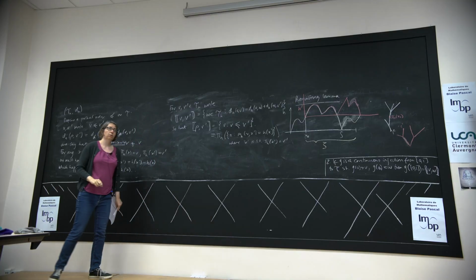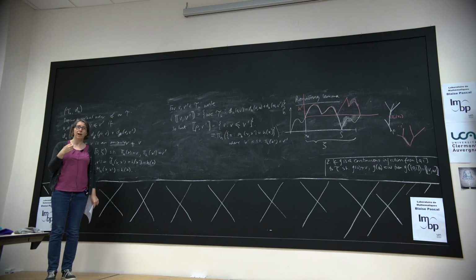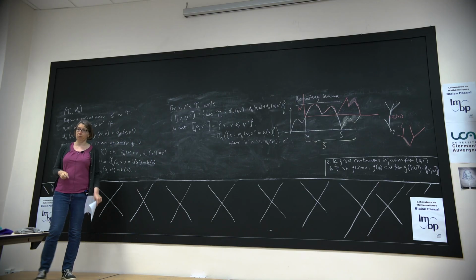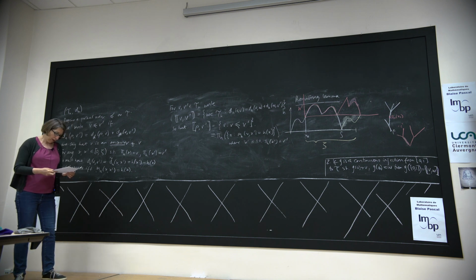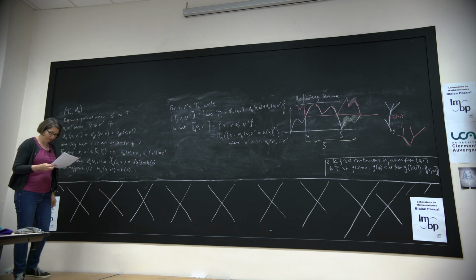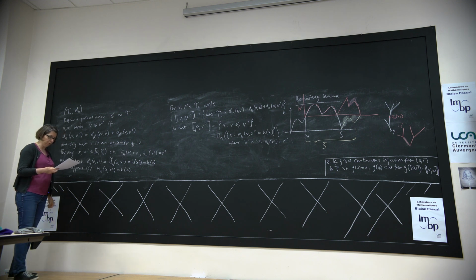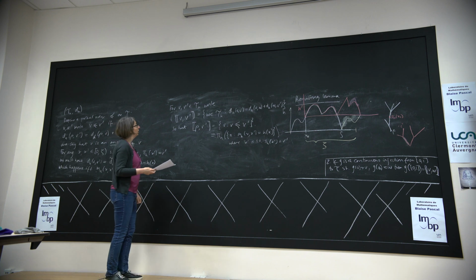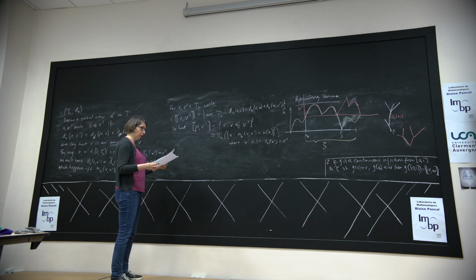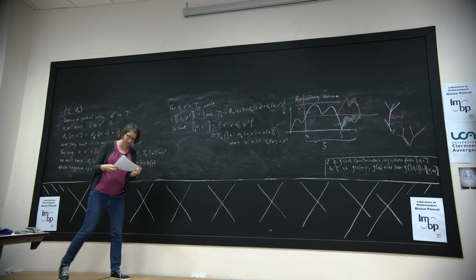And I can take any such x primed, any pre-image of this point. Like I say, I'm going to check that this one coincides with that definition over there as part of the proof.